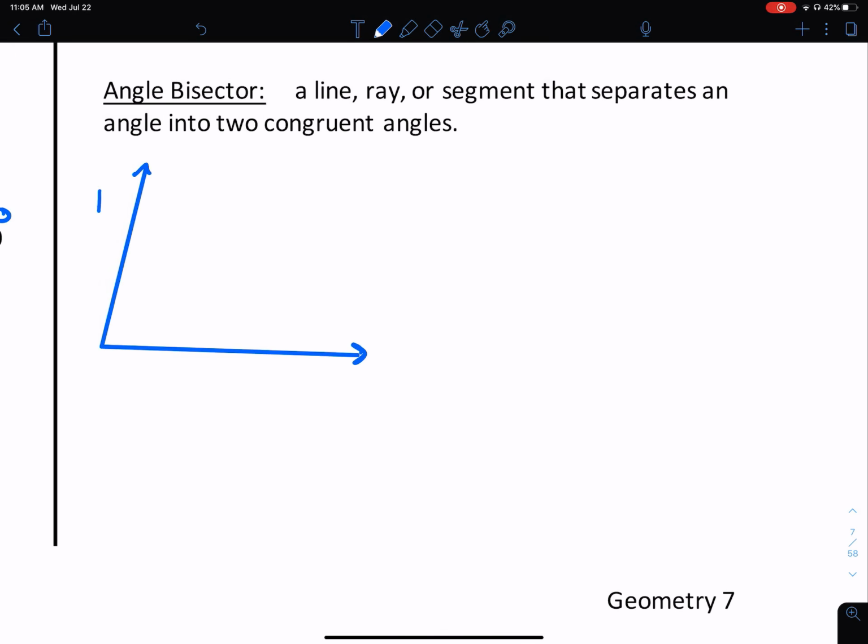We'll call this angle dog. If I were to draw a ray that went through this angle, let's say ray OD, I already have a D, OB, in such a way that this angle is congruent to this angle. You don't have to just use arcs to show the angles are congruent. You can make the same little picture in each of those, and that means they're congruent as well.